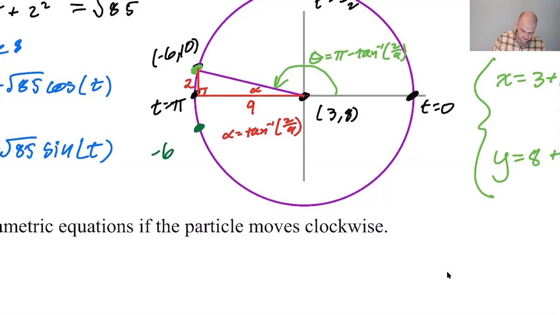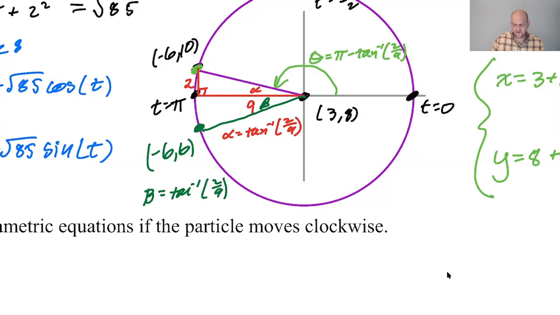Say I wanted to start here. All right, well, I would need another reference angle, and I'll call it beta. But beta is actually still arctan of 2/9. But this time, the full angle is pi plus, right? Because we're starting here and going to pi and then plus beta.